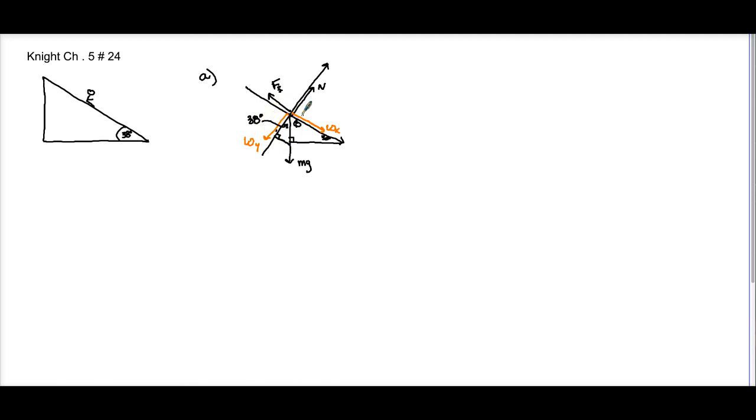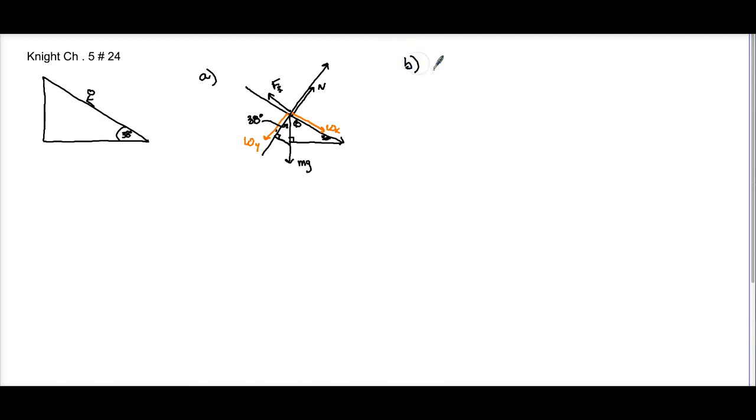Typically, we're used to the x component being the adjacent side and the y component being the opposite side. But now when we tilt things, it throws things off a little bit. We flip those trig functions. So because of that, this is really what happened. We need to pay attention to what sides are what.